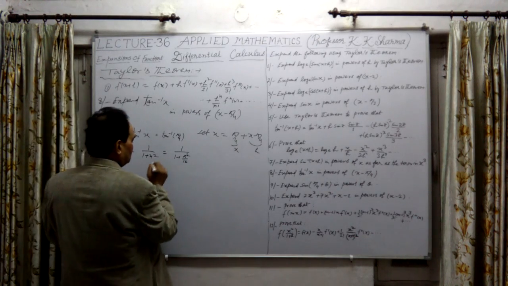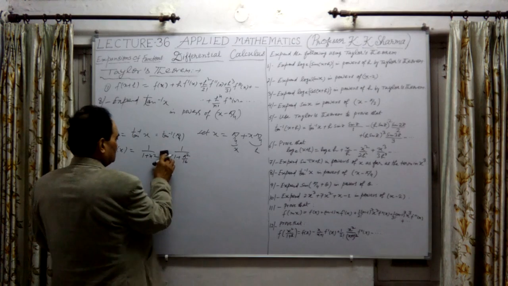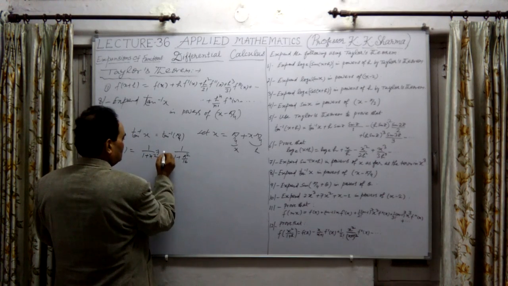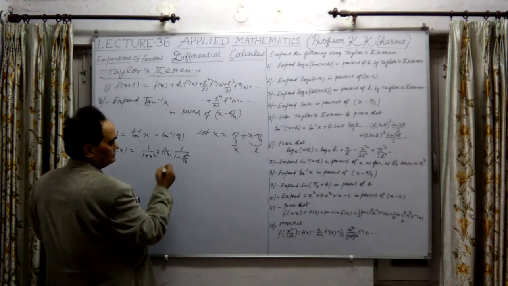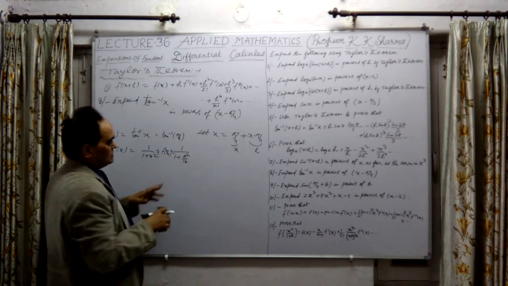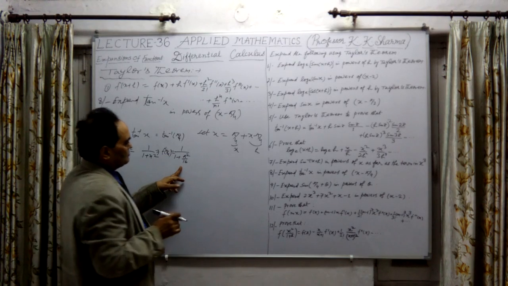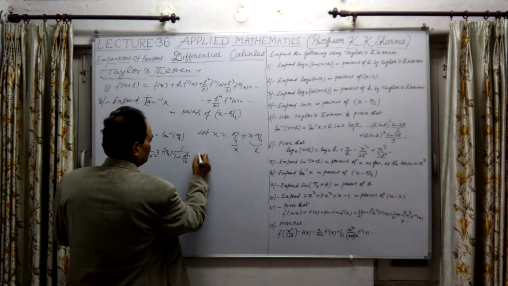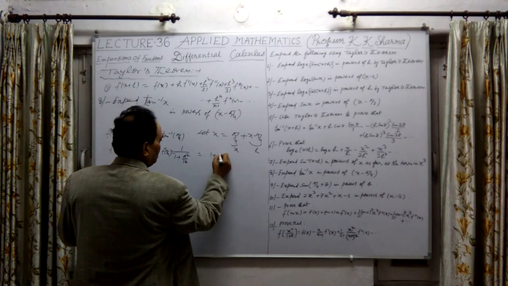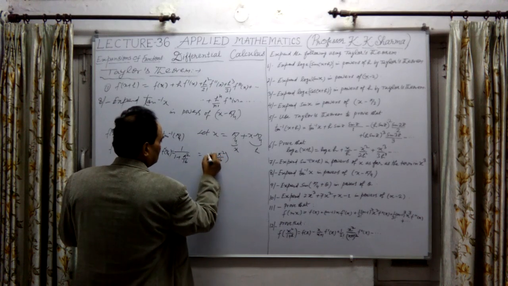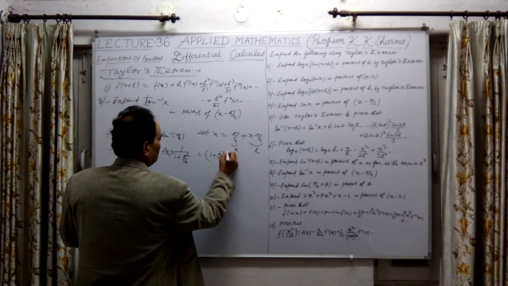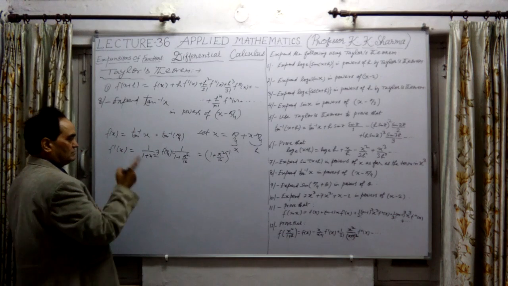So let me write here the value of f dash pi by 4 equal to this, 1 upon 1 plus pi square upon 16. Okay, that is equal to (1 plus pi square upon 16) power minus 1. Can be like that.